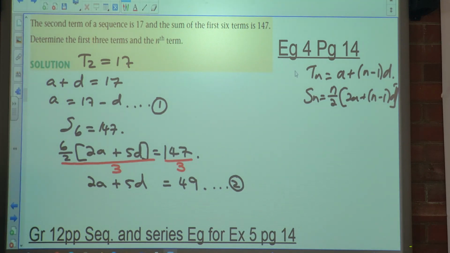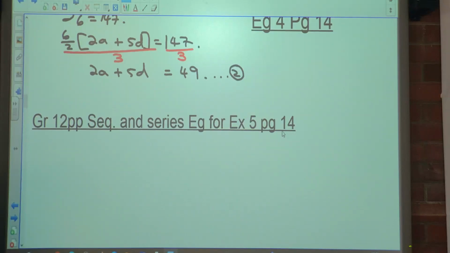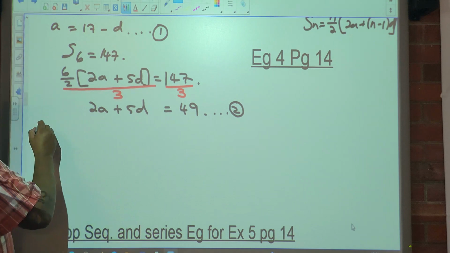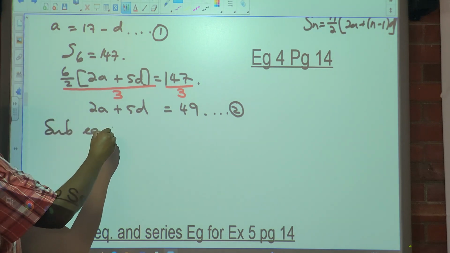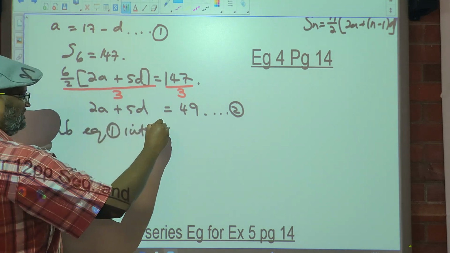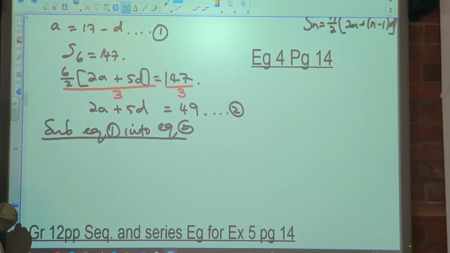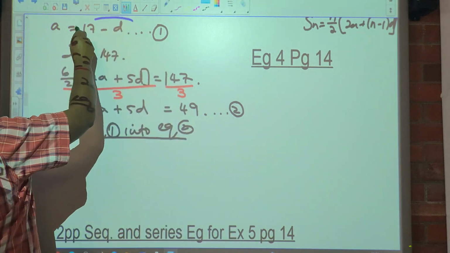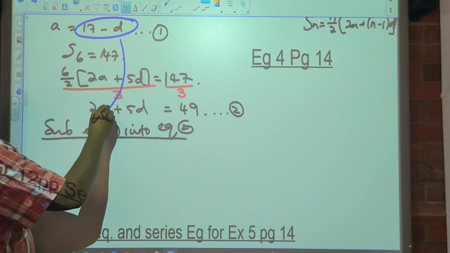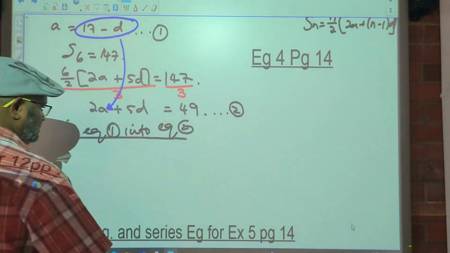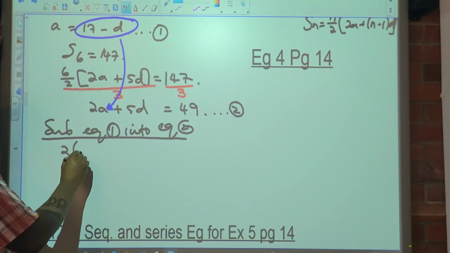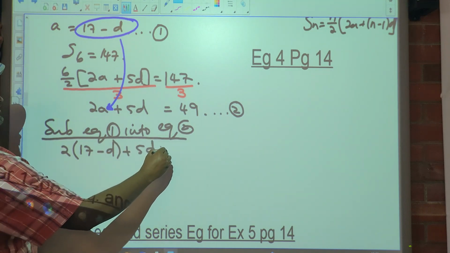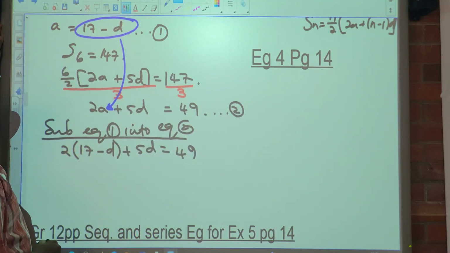So what do I do now? Substitute equation 1 into equation 2. So wherever we see an a, we replace it with 17 minus d. So what will this now read? 2 into 17 minus d plus 5d is equal to 49.